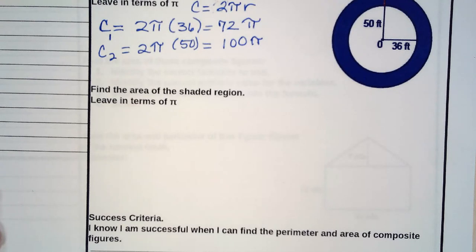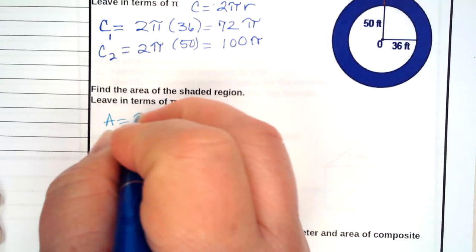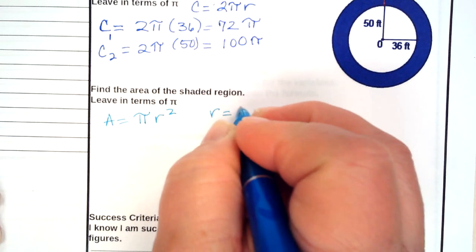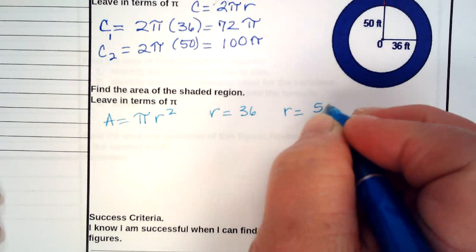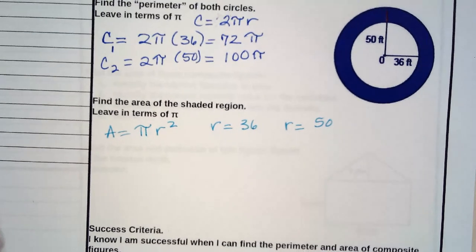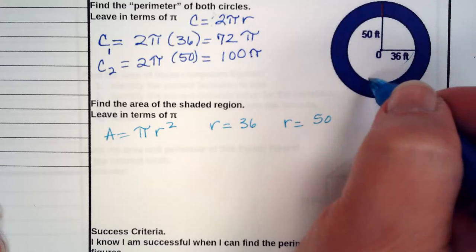How do we find area of circles? In one case, r is equal to 36. In the other case, r is equal to 50. So, how do we find just the shaded region?